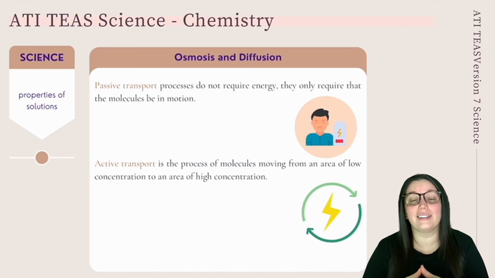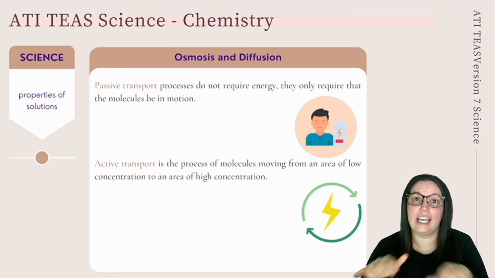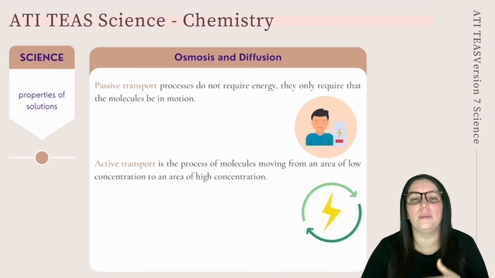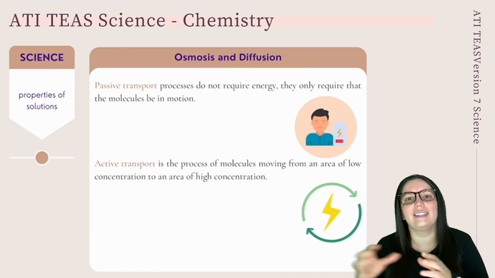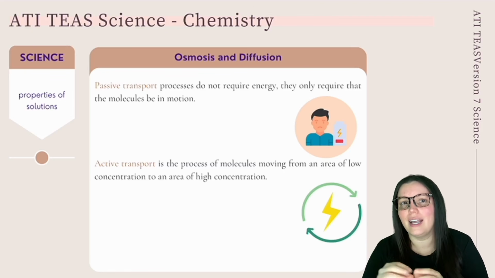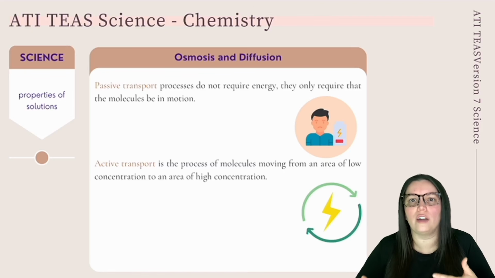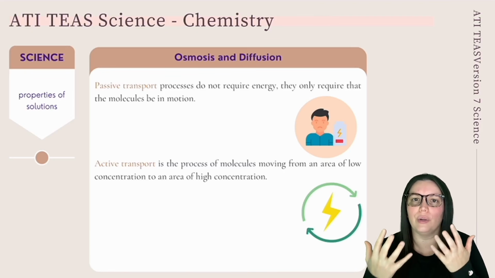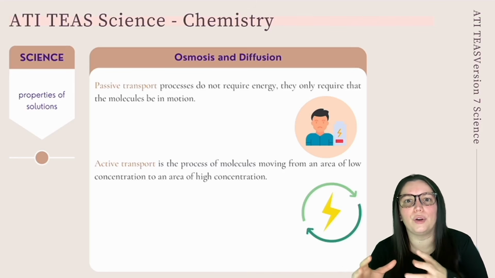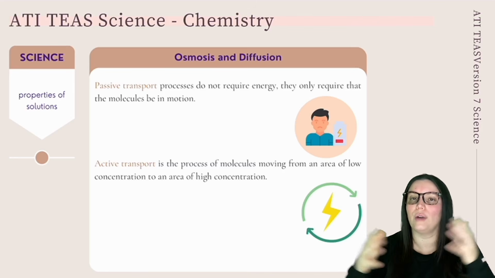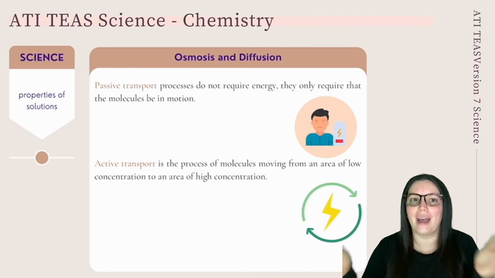Passive transport processes do not require energy. They only require that the molecule is in motion, right? It's moving. For example, osmosis is when a plant takes up water from the soil through its roots, whereas diffusion is when perfume molecules spread throughout a room. These are both passive transport processes.